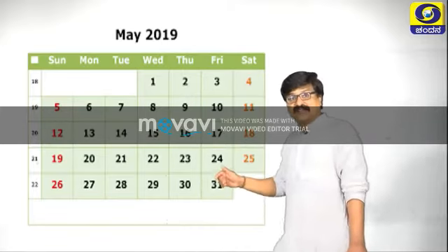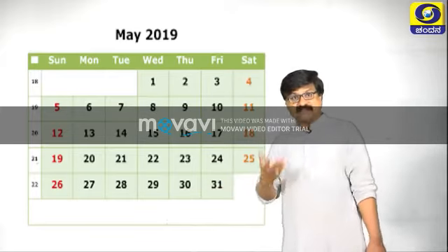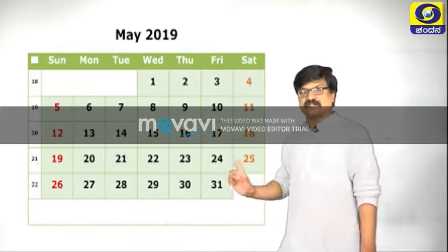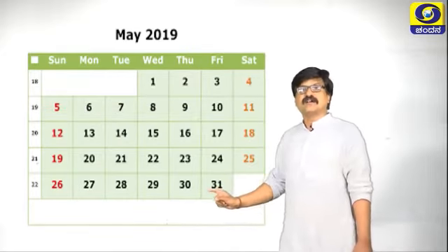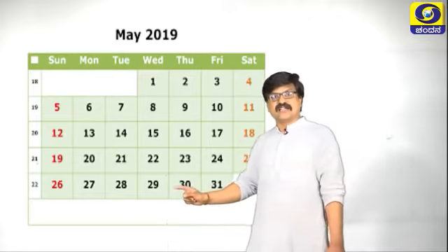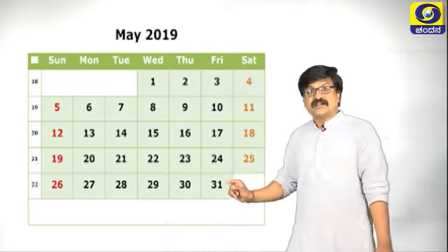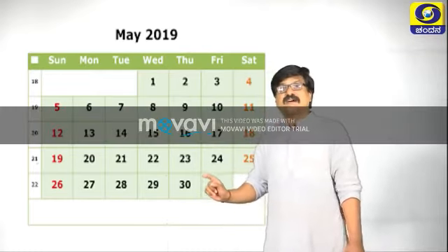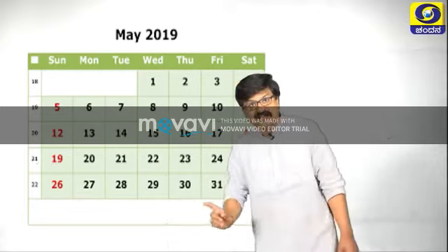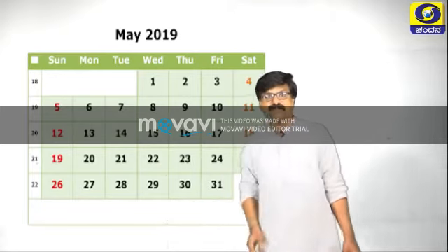You can write in reverse order also. We get one more example for arithmetic progression: 31, 30, 29, 28, like this. In that case, a becomes 31, d becomes 30 minus 31, that is minus 1.